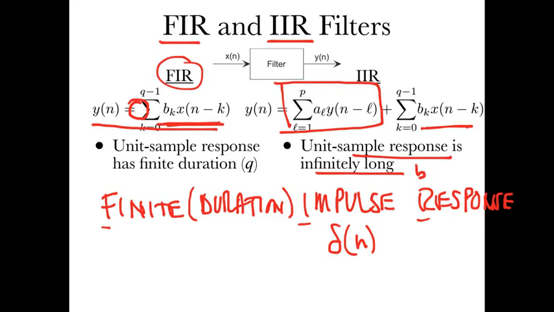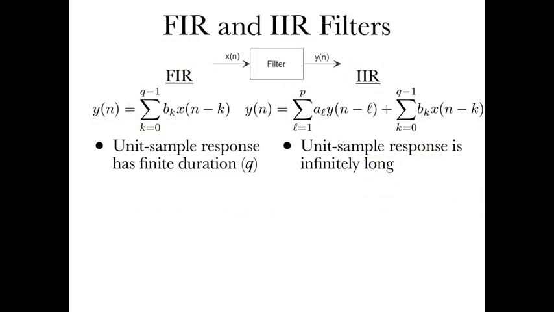Remember, when we had one term, our unit sample response looked like a to the n, which lasted forever. Even though the unit sample is only one sample long, the output lasts forever. So that's what IIR stands for. It stands for infinite duration impulse response. So these categories depend entirely on the behavior of h.